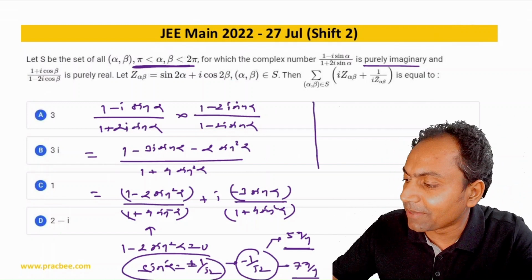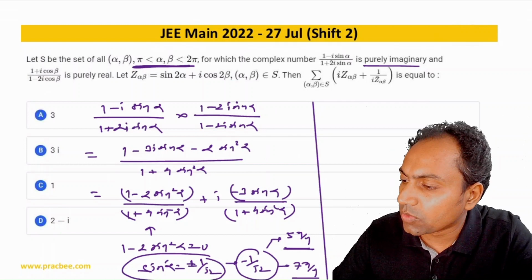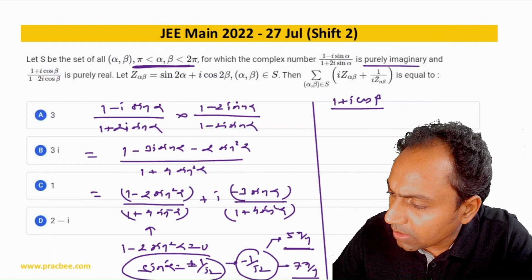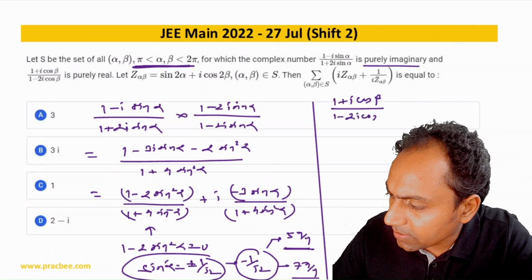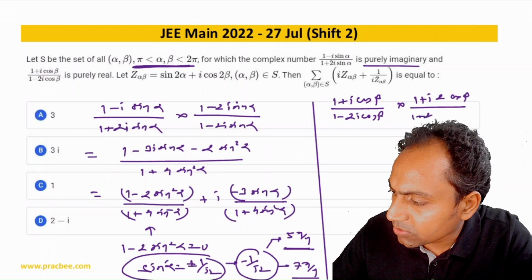Now we have to do the same process one more time for beta. So let us look into that part of the process. We will do the same thing, 1 plus I cos beta upon 1 minus 2I cos beta. Again, we can multiply by the conjugate. So 1 plus 2I cos beta and 1 plus 2I cos beta.